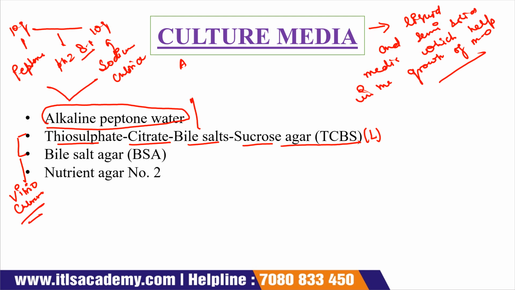The ingredients that we require for the preparation of the thiosulfate citrate bile salt sucrose agar are: agar, ferric citrate. Agar is required around 14 gram. Ferric citrate is 1 gram. Ox bile around 5 gram. Sodium cholate 3 gram. Sodium thiosulfate 10 gram.